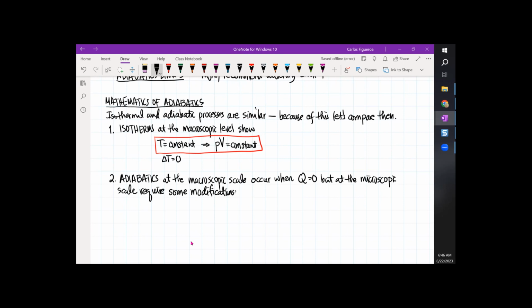So that means for Q equal to 0, the requirement is that P times the volume to the gamma power is a constant, where gamma is the ratio of Cp to Cv, which is greater than 1.